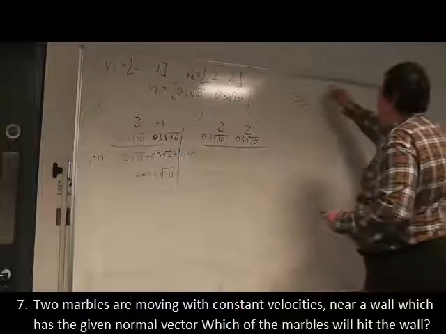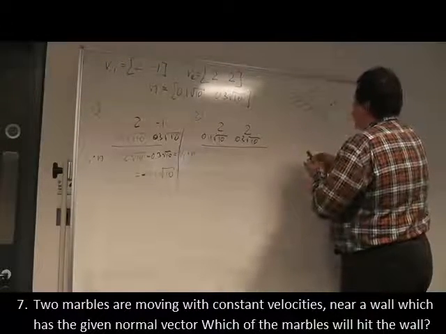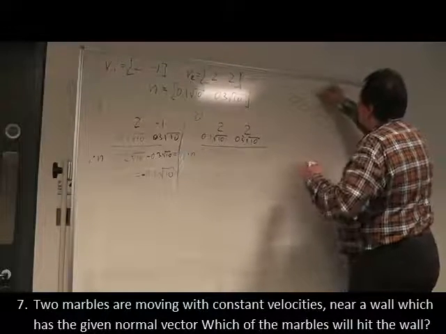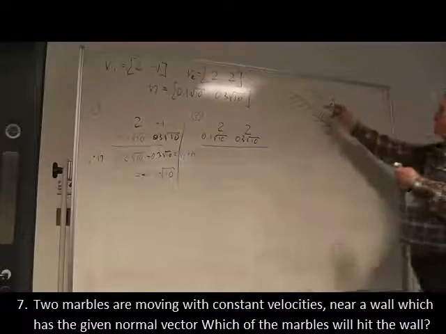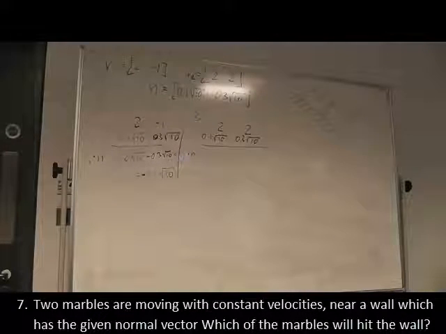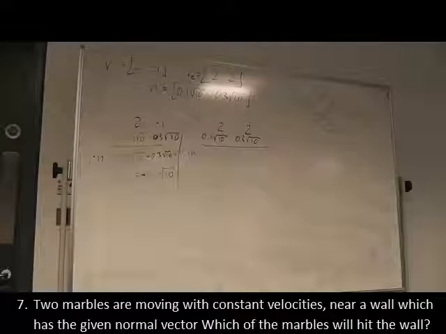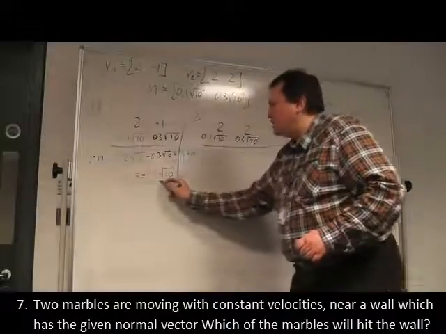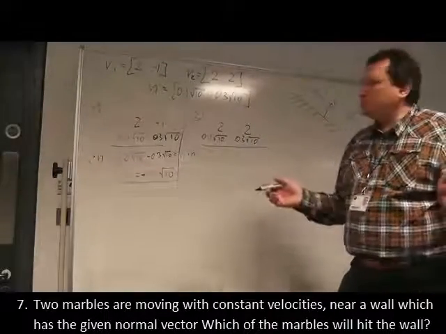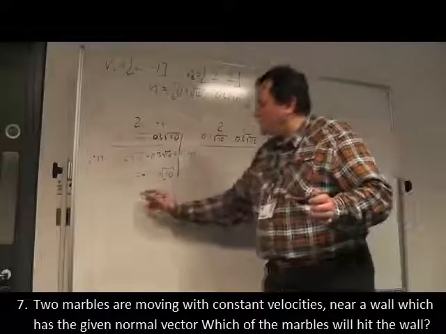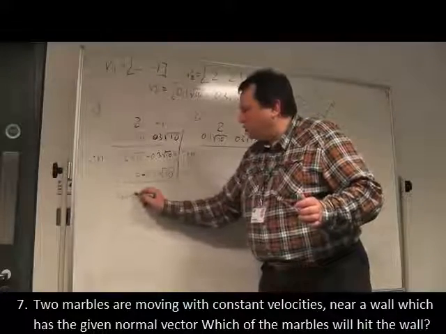It's simply that this velocity is nearly parallel to the wall, so it's probably more like this. From the diagram it is very difficult to read in this case, but from the calculation, it leaves no doubt that this ball is going to bounce.